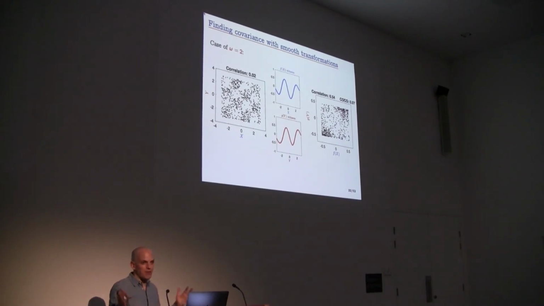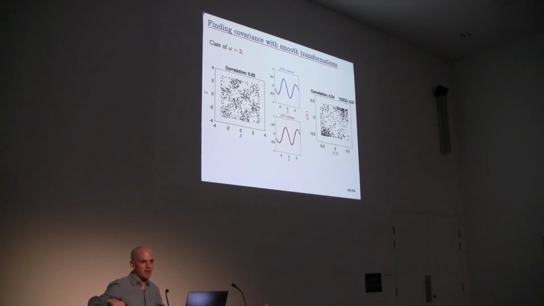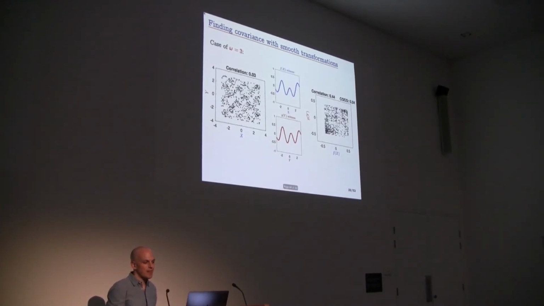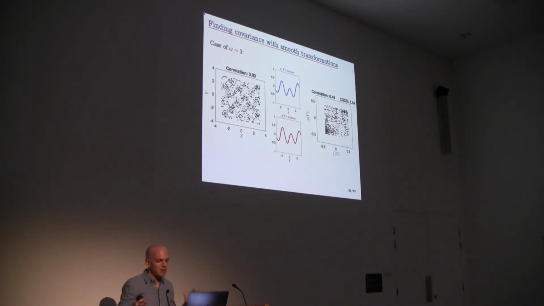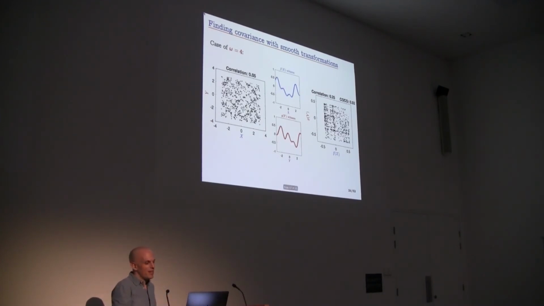This is because I've got the smoothness constraint, which means that my constraint covariance can't be as big when my functions are required to oscillate more. Now I've got even more oscillations. My constraint covariance is dropping, but I'm still managing to push my points into the corners pretty well. Omega equals 4. Here it's a bit iffy, right? My constraint covariance is now 0.02. It's not finding that much dependence anymore.